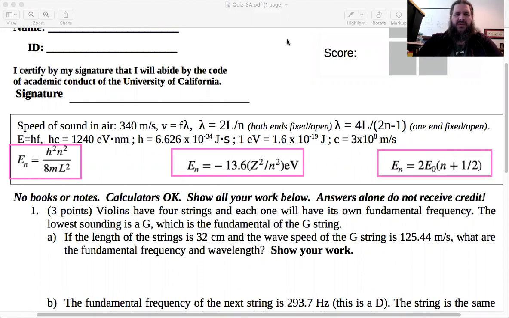Which one you would use really just depends on which type of system you're talking about. For example, this h squared n squared over 8 m L squared. What sort of system is that describing?